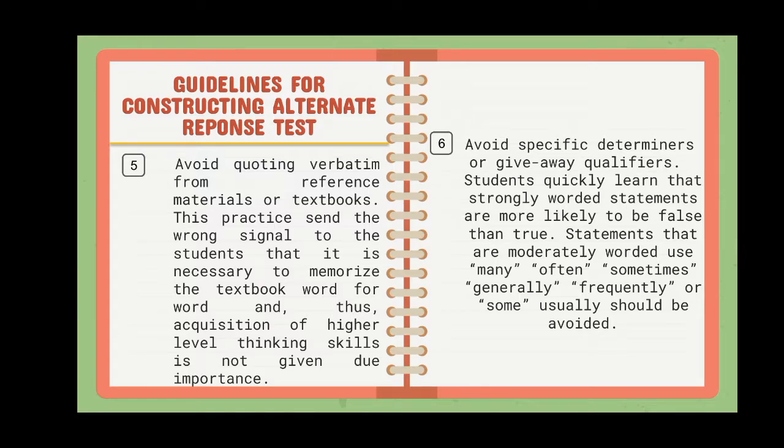Statements that are moderately worded use many, often, sometimes, generally, frequently, or usually, and should be avoided. For example, executives usually suffer from hyperacidity. So this statement tends to be correct. The word usually leads to the answer.